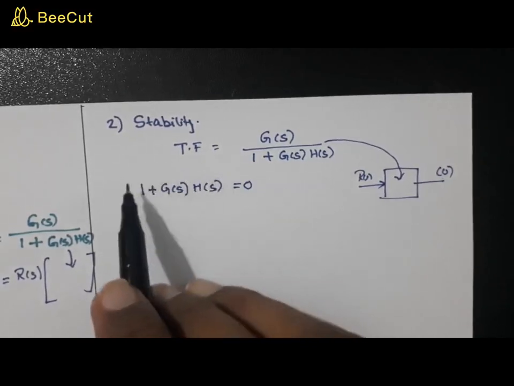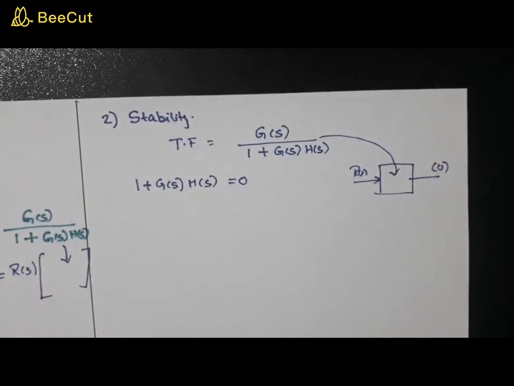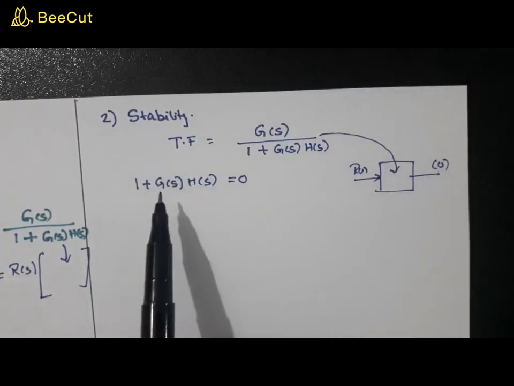So as frequency varies, the value of 1 plus GSHS changes. In the previous section I told you it can be greater than 1 or less than 1. It all depends on the frequency.